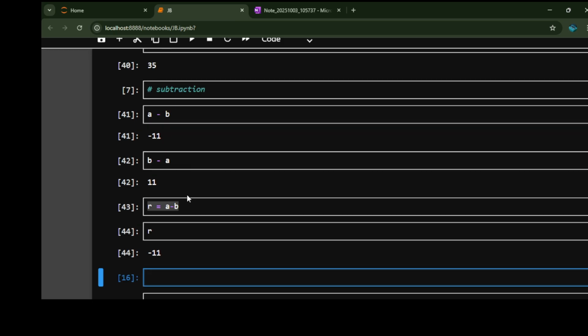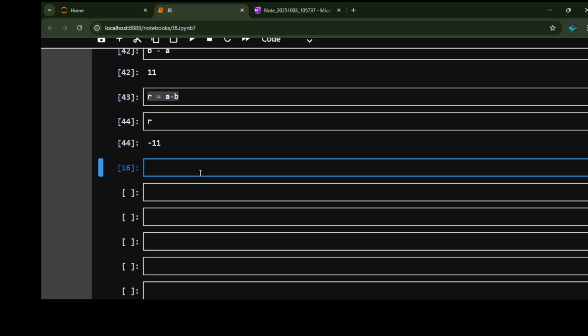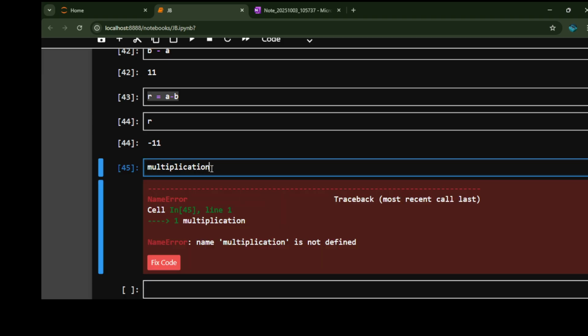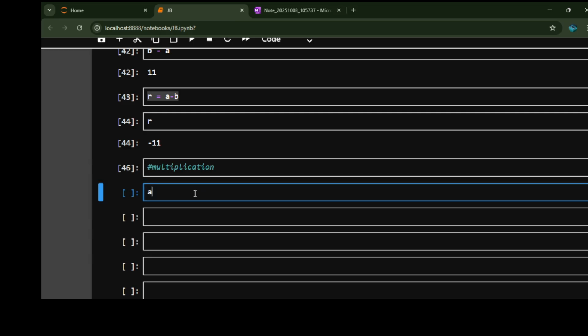This was the subtraction. The next one is multiplication. Its symbol is the asterisk sign.